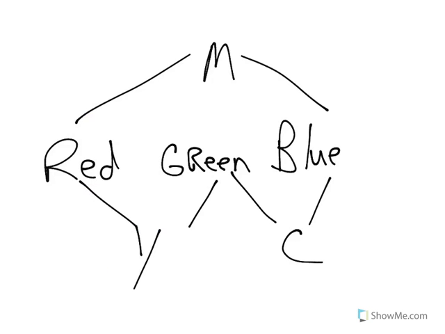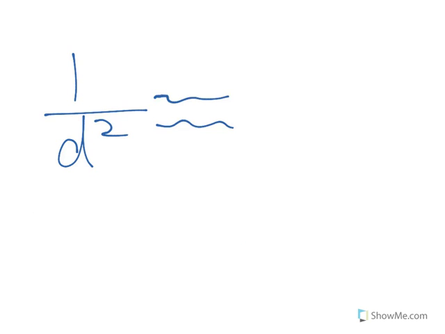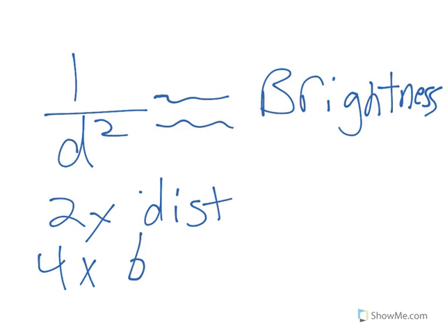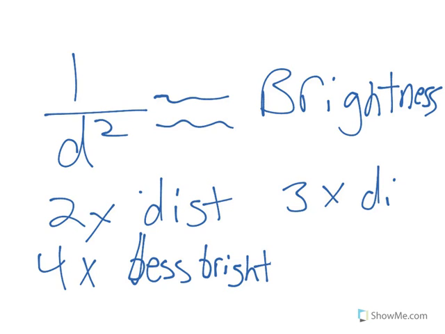Alright, number 20. How is the brightness of a light source affected by distance? It is this: 1 over d squared is the ratio to brightness. So if you're twice as far away, you are 4 times less bright. And if you are 3 times farther away, you are 9 times less bright.